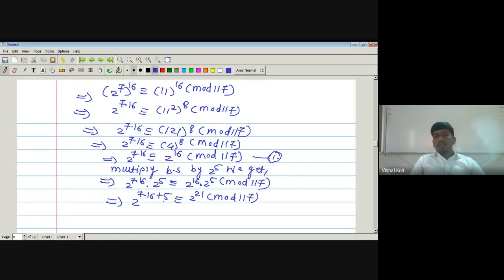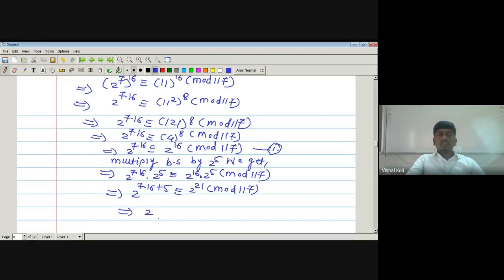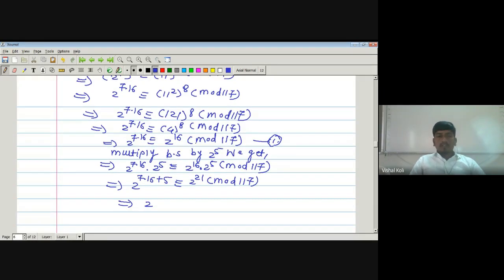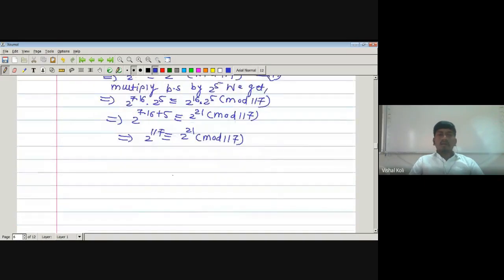That is, 2 to the power 7 into 16 plus 5 is 2 to the power 117, which is your required n, congruent to 2 to the power 21 modulo 117. Now this 2 to the power 21 can be written as 2 to the power 7 into 3 modulo 117.